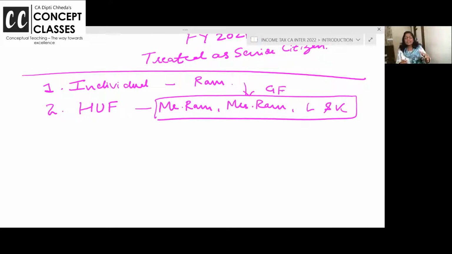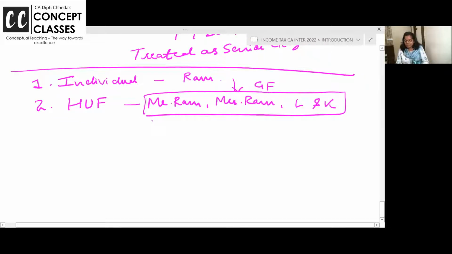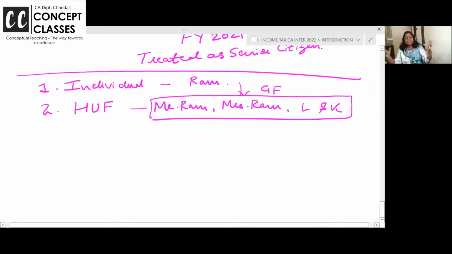Do you all understand what is will? It's a registered document. That will says that this ancestral property will belong to Ram's joint family, Hindu undivided family. So Ram and Mrs. Ram and both sons, Luv and Kush.